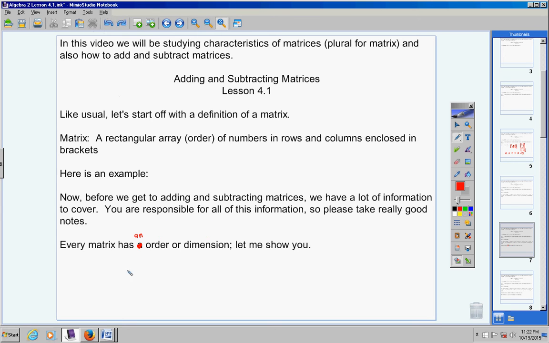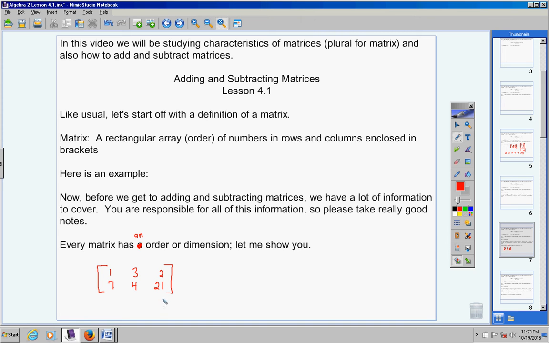Now, here's an example of a matrix. Please copy this down. There we go. Now, I want to talk to you about the order of this matrix or the dimension of this matrix. Are you ready?